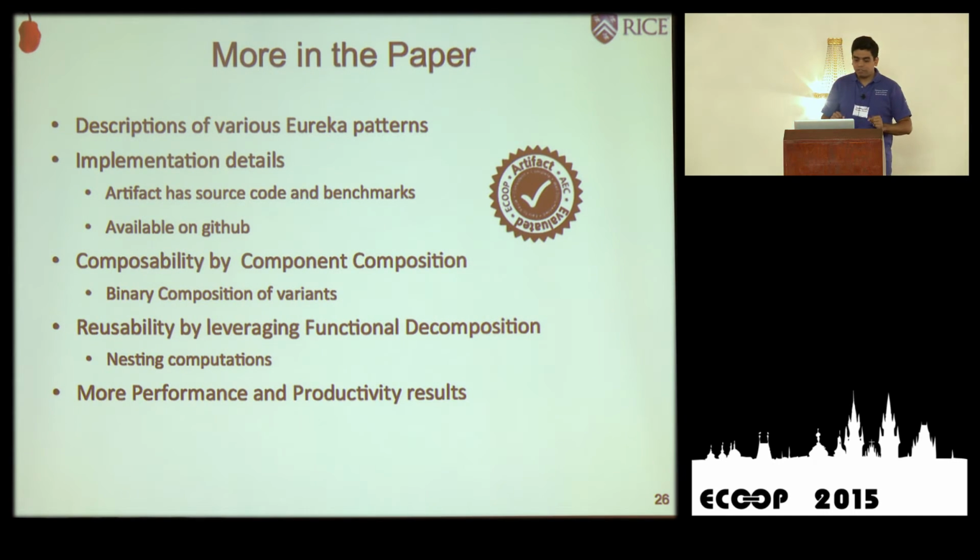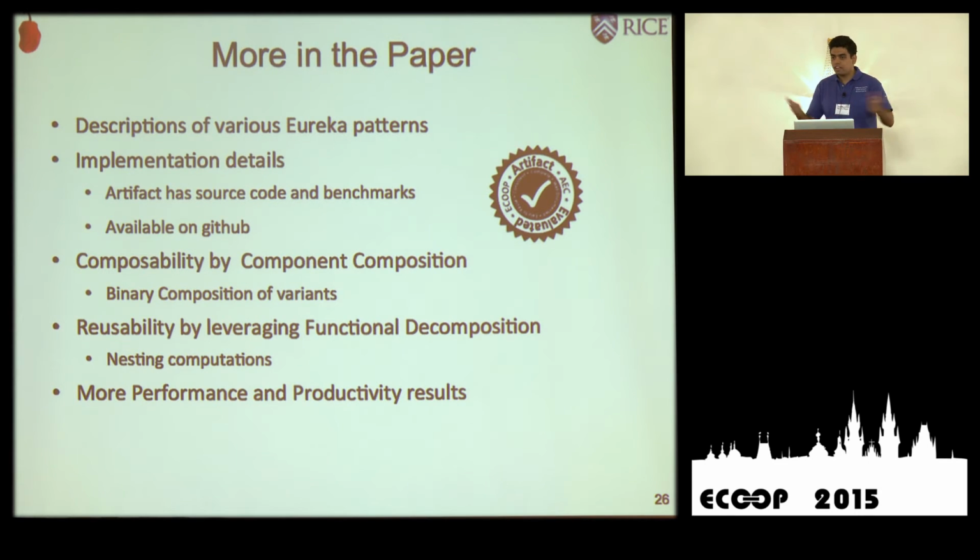So nearing the end of my talk, what's in the paper that I have not covered in this talk is a description of the different Eureka patterns and implementation details. We also have an artifact that has been accepted, and the source code for the benchmarks and our implementation is there on GitHub. I did not cover 2 important parts. One is using component composition.